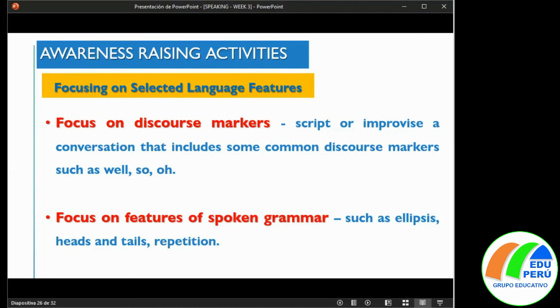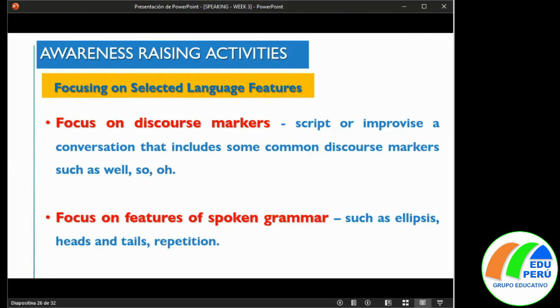So these are the features of a spoken grammar. Remember, it's different when we talk about the written grammar and the spoken grammar. When we speak, we have a different structure. It's not like we write. When we write, it's more conscious.